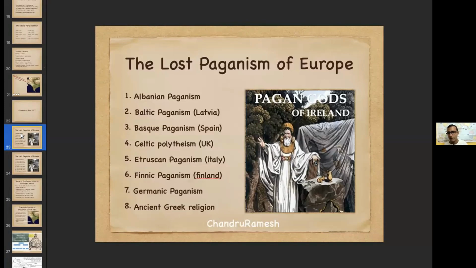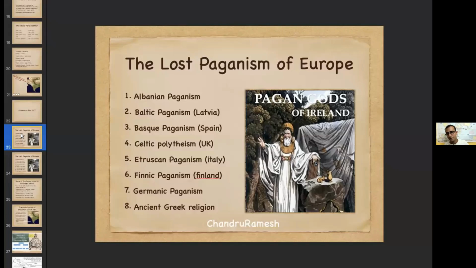The second is Baltic paganism, which is just before Russia, in northeastern Europe. And Basque paganism is on the far west of Europe, near Spain and Portugal.